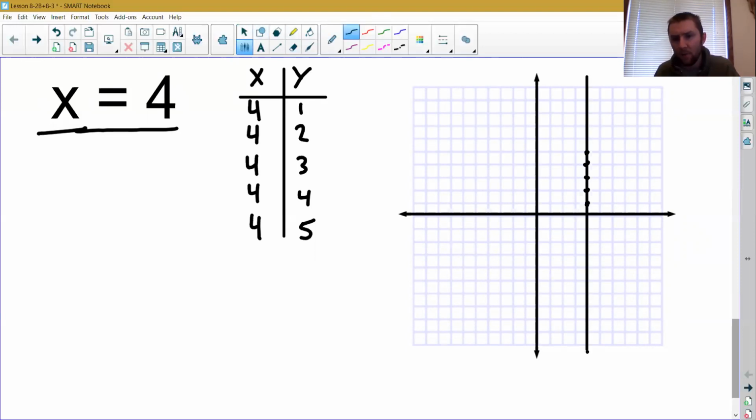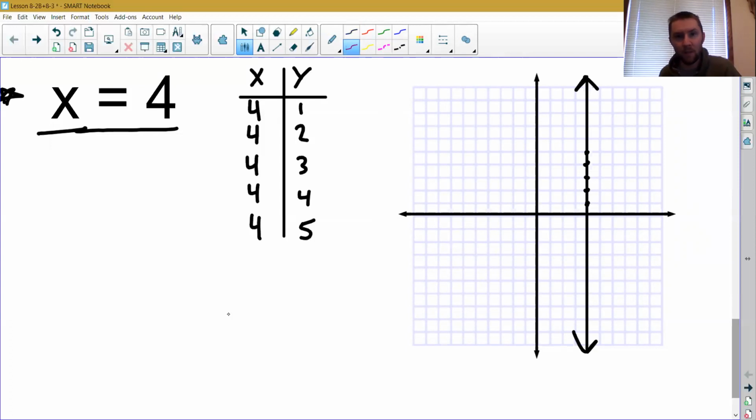X value of 4, vertical line, because all of these points, infinitely many of them going up and down, all have that x value of 4, which is what I wanted originally in my equation, right? So anytime your equation simply says x equals something, and they want you to plot it in a coordinate grid, it's going to be a vertical line at whatever that x value is.